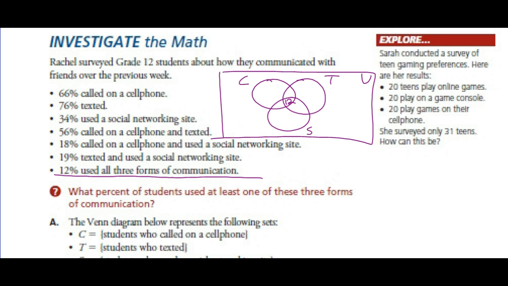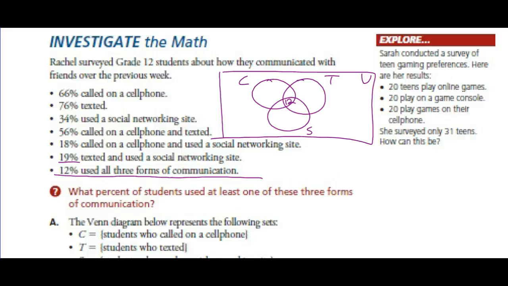Okay. Now, we start to go with the ands. So this little football shape here, this oval, is texting and social networking. So 19% texted and used a social networking site.